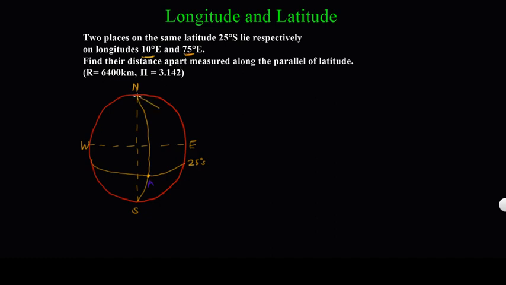So 75 degree east is going to be this. So this point is our 10 degree east. This is 75 degree east. So this is our point B.